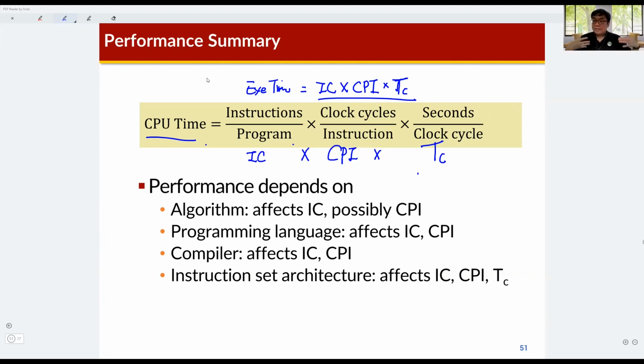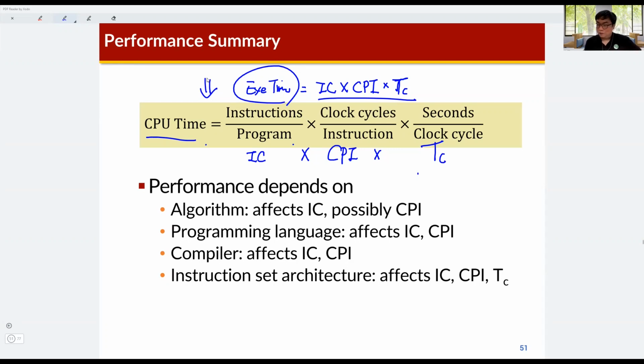So in order to increase the performance of a computer system, firstly, we need to reduce the execution time. How can you reduce this execution time?